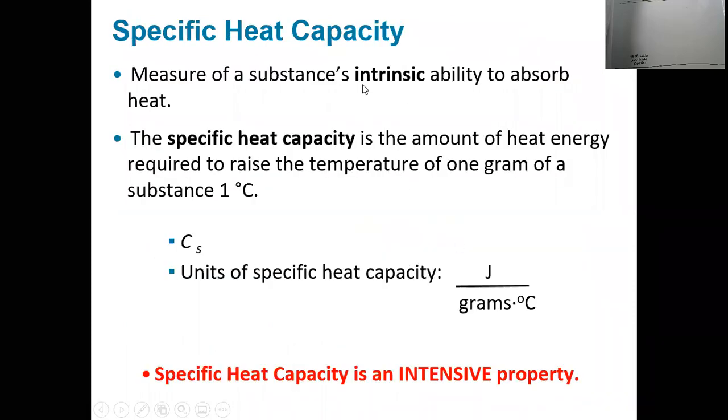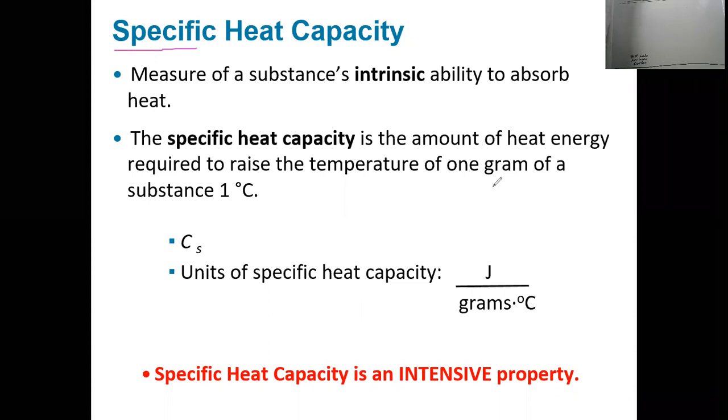Okay. Now, a slightly different term that we're going to look at, hopefully it makes sense though, the name of it, is not just heat capacity, but specific heat capacity. Okay, so specific heat capacity has to do with a particular material's ability to absorb a specific amount of heat.